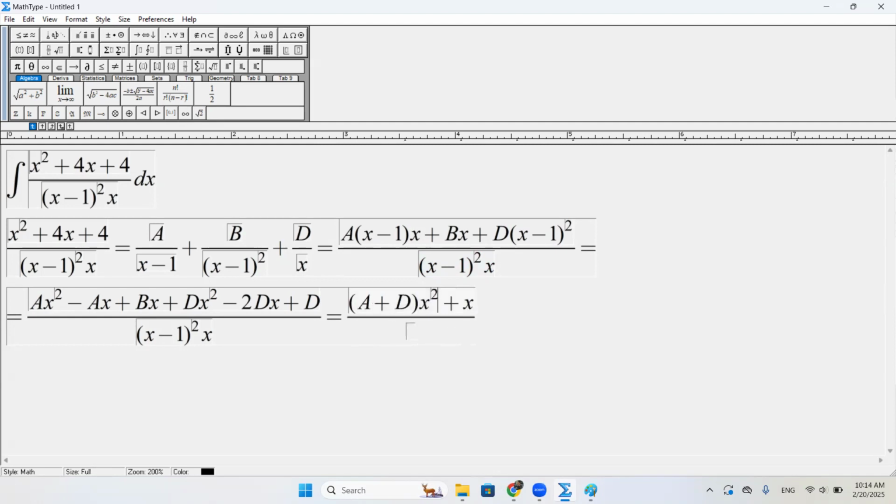For x, minus a plus b minus 2d, and for the zero power, just d.